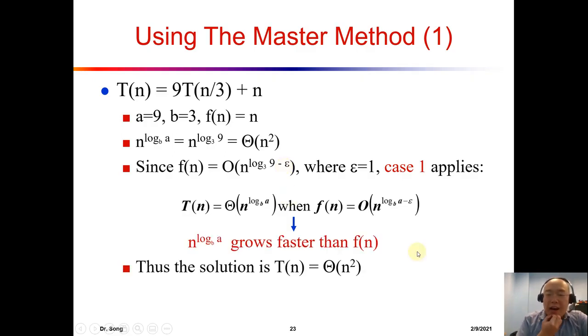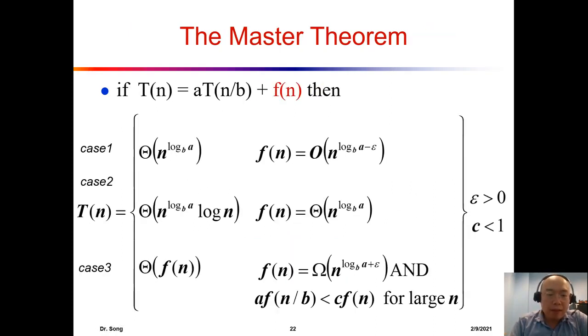So in other words, we can say n to the log_b a grows faster than f(n), because n to the log_b a is n squared, and n squared grows faster than f(n) because f(n) is n itself. So in this case, what's the solution? The solution is theta of n to the log_b a.